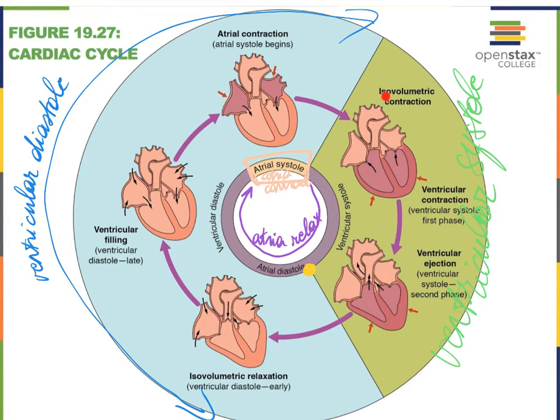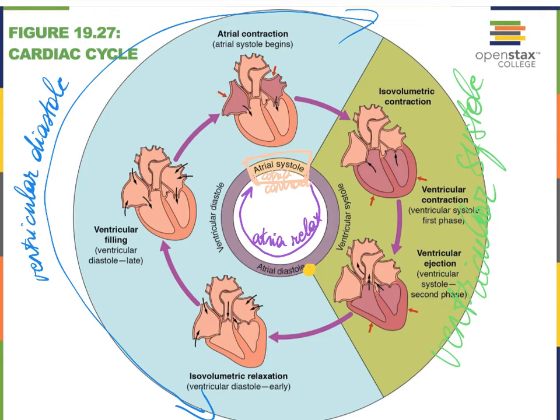When we use this term isovolumetric, iso always refers to the same. So we're talking here about the same volume. For a very brief moment, the heart is not going to change the amount of blood that is present in it.